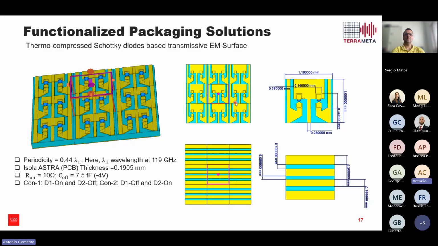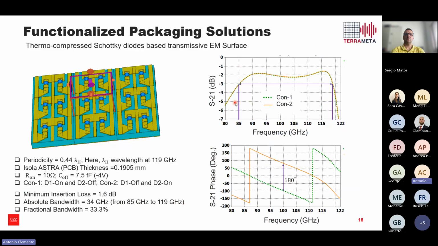So we are developing a new thermocompression procedure to flip chip this kind of structure. And I hope that by the end of the project, we will have a real demonstration of this setup.